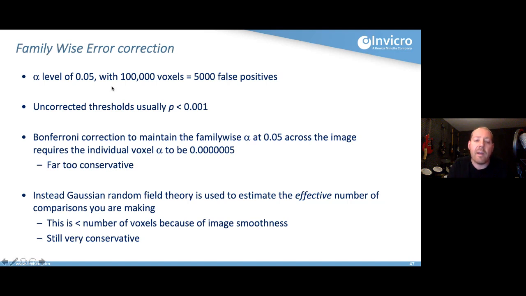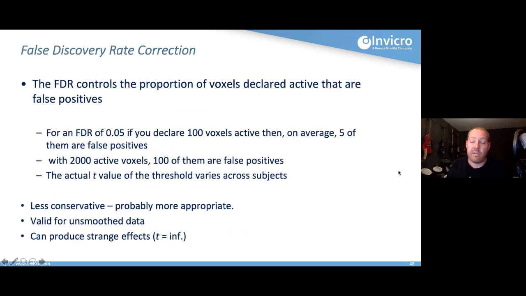But anyway, family-wise error correction is quite conservative, no matter how you do it. Some people still use it, but it's generally not so common anymore. Another kind of correction you can do is false discovery rate correction. This is much less conservative.